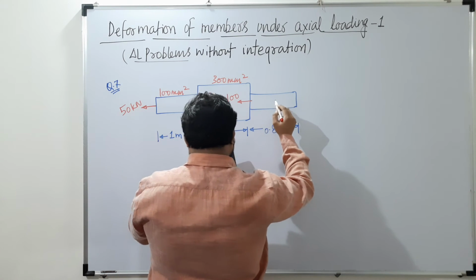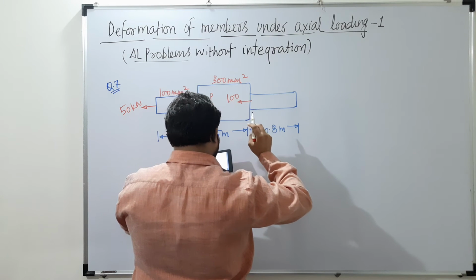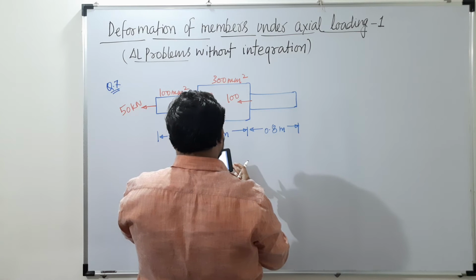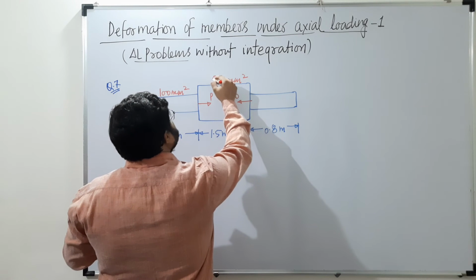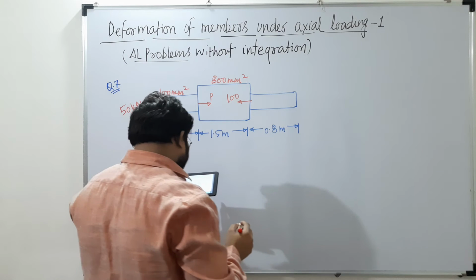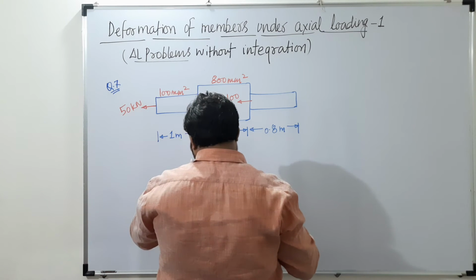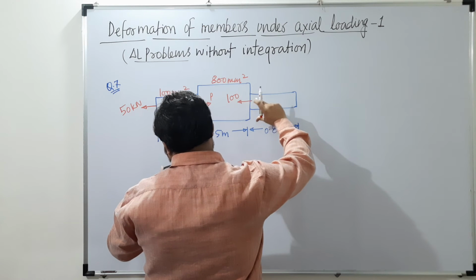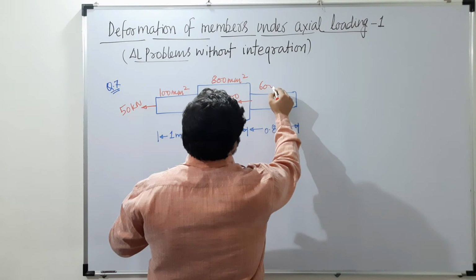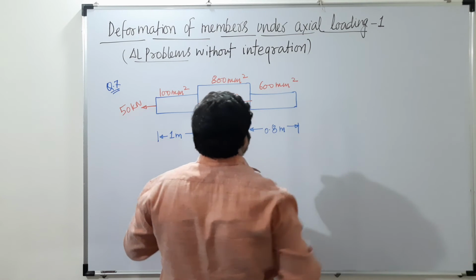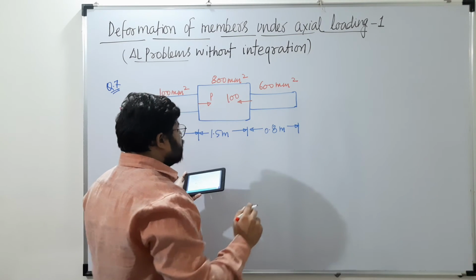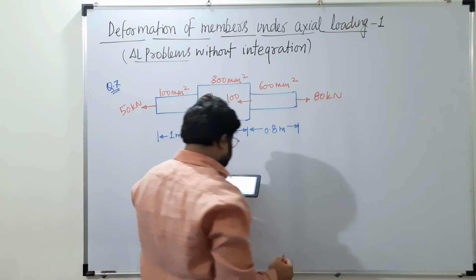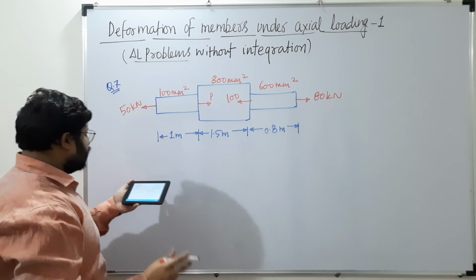Now this is 600. So this is actually 800. We should take it as 800, and this value we should take as 600. Okay, this is 600 millimeter square. Now this force is given as 80 kilonewton, right? So now everything is given.